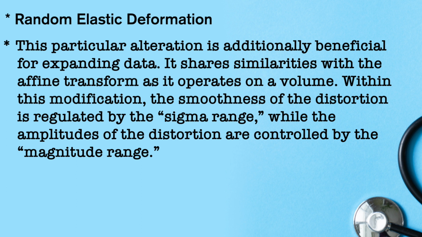It shares similarities with affine transform and it operates on a volume. Within this modification, the smoothness of the distortions is regulated by the sigma range, while the amplitude of the distortions is controlled by the magnitude range.